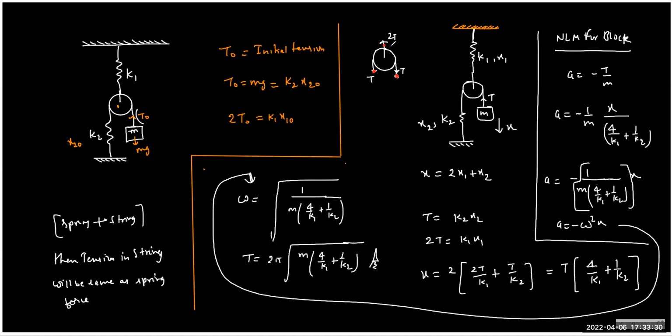The 2T is acting upward, but the red dot in the topmost point is moving downward, and the tension is acting on the red dot upward. So it is minus T into X. We don't see the arrow, we just see the motion of each dot.